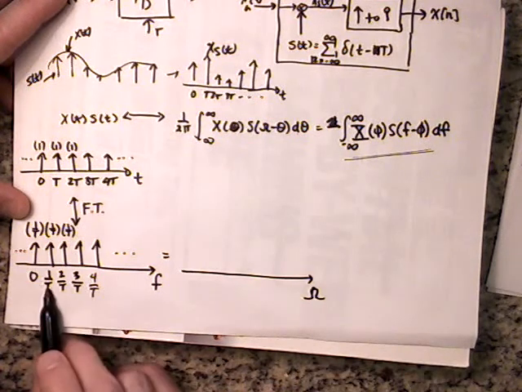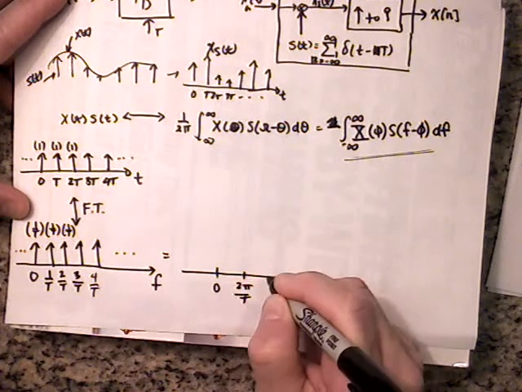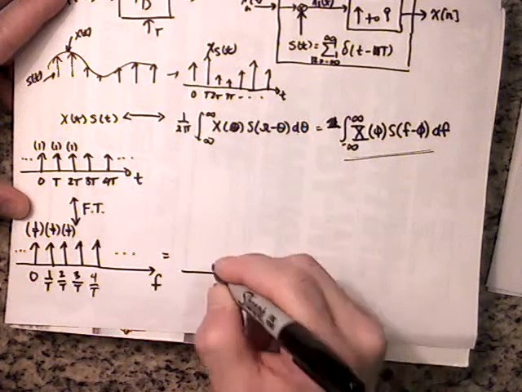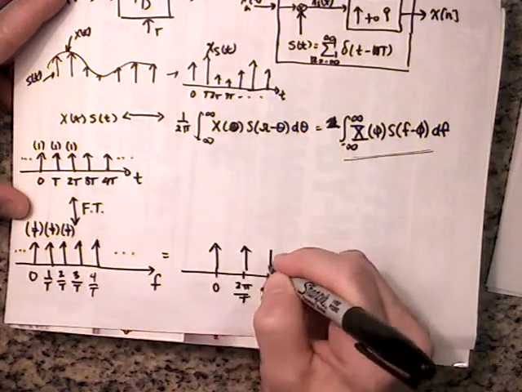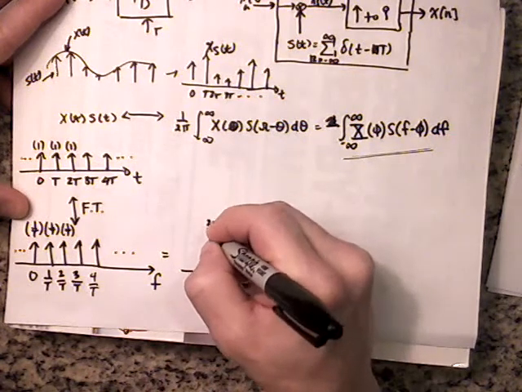Instead of these being at integer multiples of 1 over T, they'll be at integer multiples of 2 pi over T. And instead of the impulses having area 1 over T, they'll have area 2 pi over T.